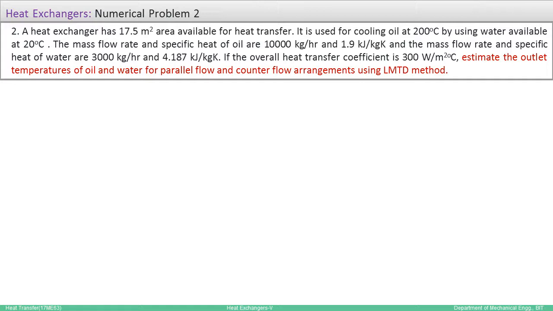It is used for cooling oil at 200 degrees Celsius, that is the inlet temperature of oil, by using water available at 20 degrees Celsius, that is the inlet temperature of water.